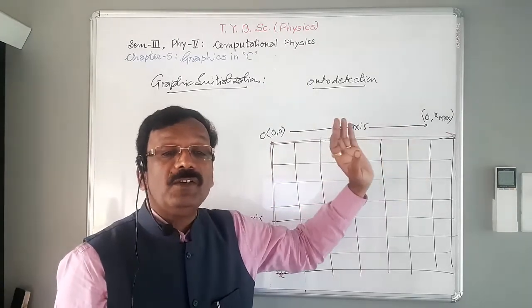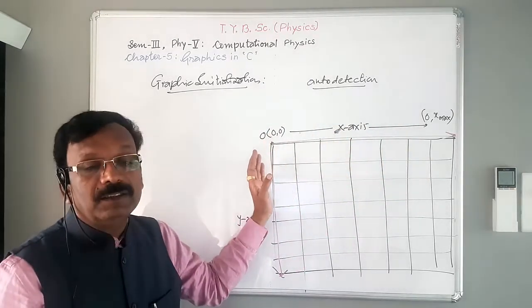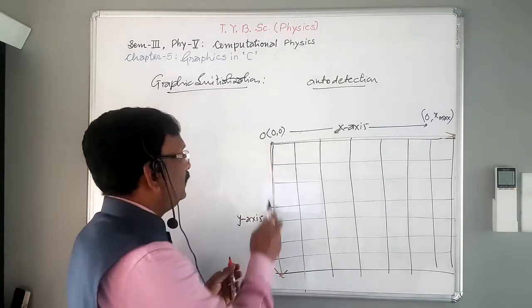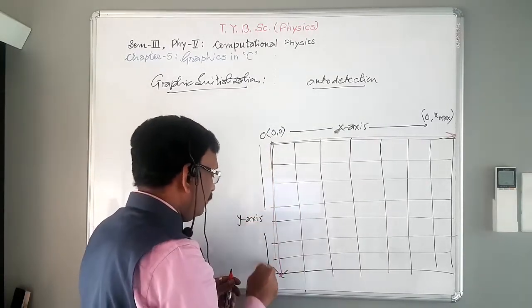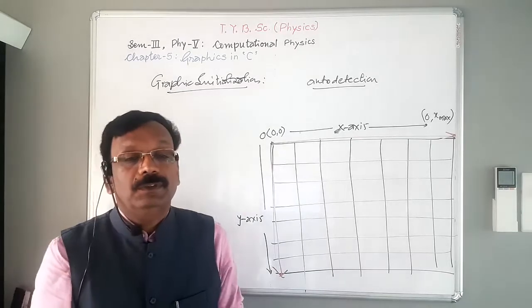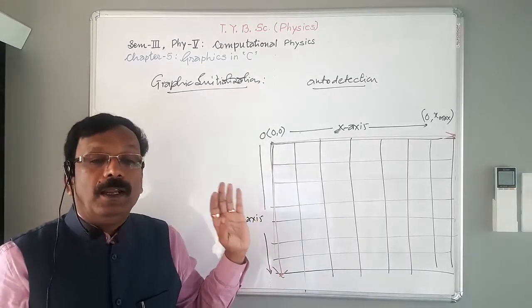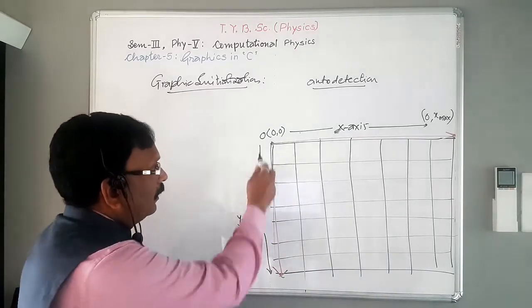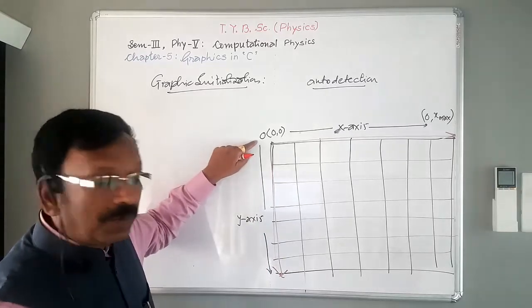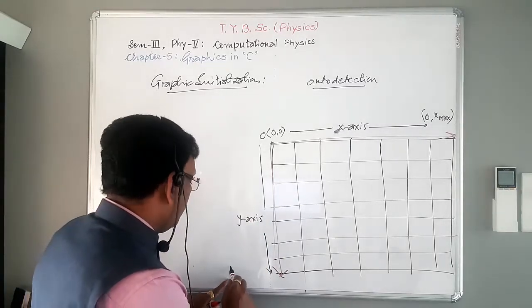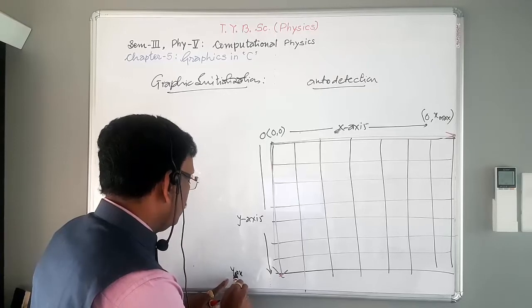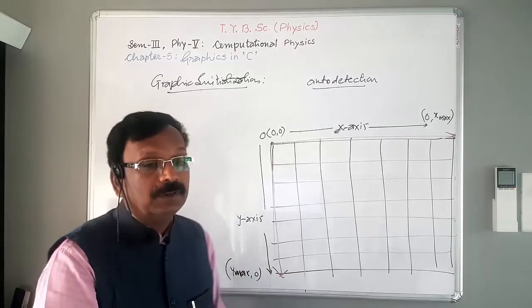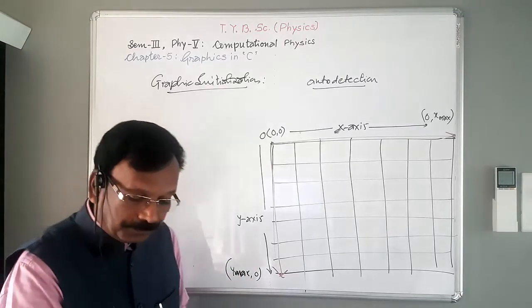And the y coordinate increases from 0 to the bottom. Here the y coordinates are 0, and here the y coordinate is y max.